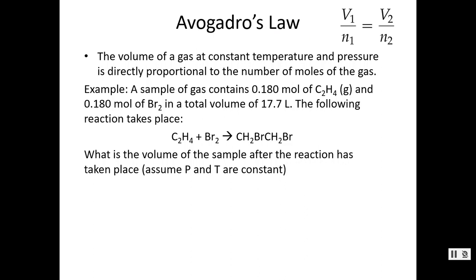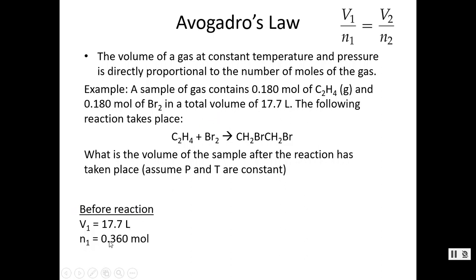We just need to make sure that the initial and final conditions we use are of the actual reaction. So that means that for my initial conditions before the reaction, I'm going to use that total volume of 17.7 liters.